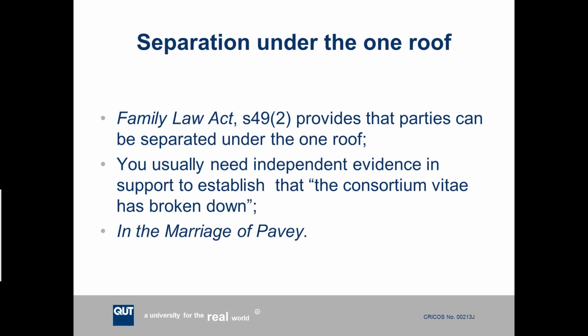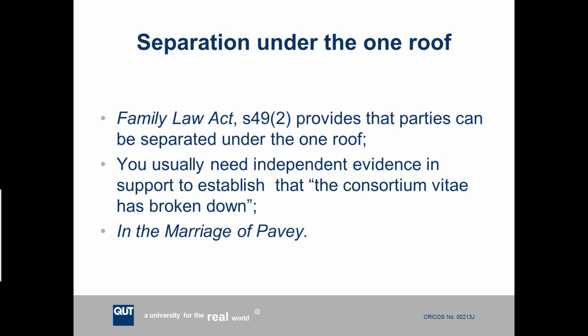Normally, the sort of person you might get to corroborate is if you've got an adult child living in the house, a neighbour or a close friend. And I guess what you're trying to establish to the court is, although you are living under the one roof, you are no longer acting as if you were married, and that the essential requirements or elements of marriage weren't present there.